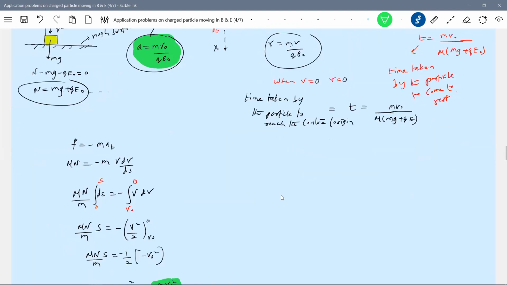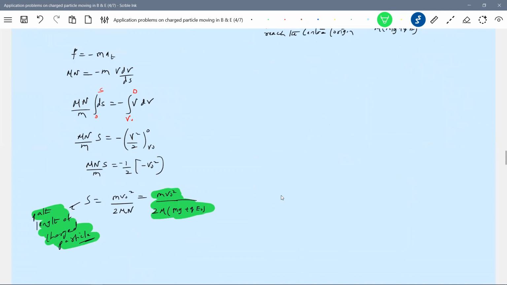Angular momentum of the particle, not conserved, no? So we'll write it here. Angular momentum of particle is not conserved. What about kinetic energy?